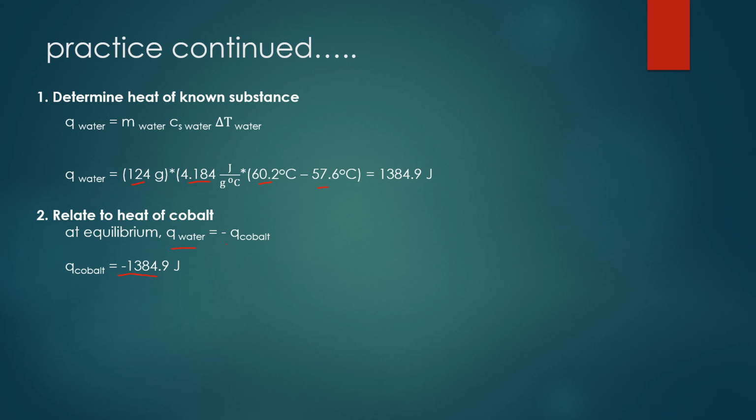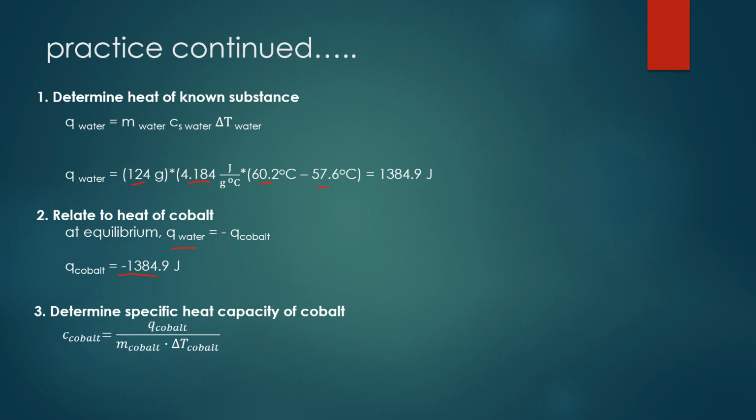From there, we can now solve for the specific heat capacity of cobalt. We use the same equation, rearranging it to solve for specific heat. We have the mass of cobalt, which was given to us in the problem itself.